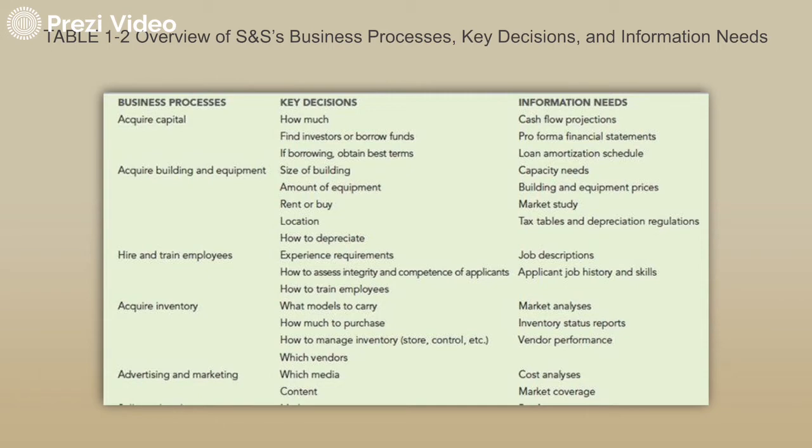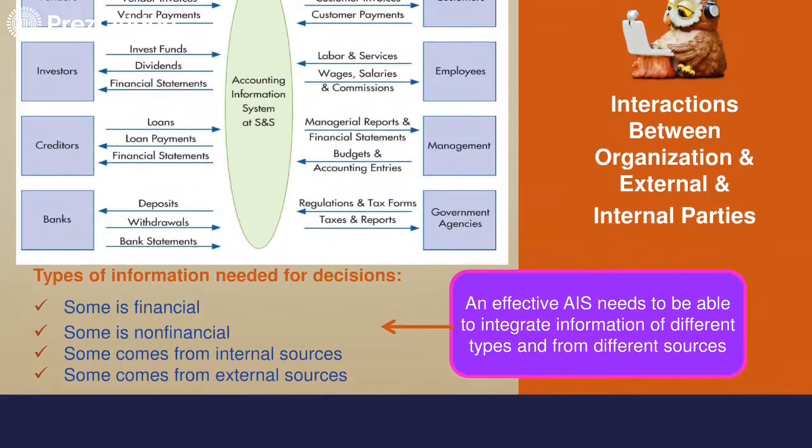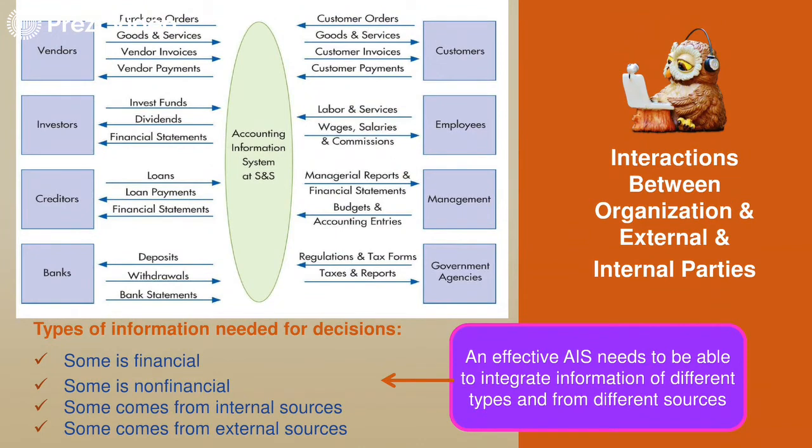So every time we want to know what information we need, we ask what decisions we want to make. And then we can relate this also with the business process. This is taken from figure 1.2, where the interaction is between SNS, our integrative case company, and the external and internal parties.